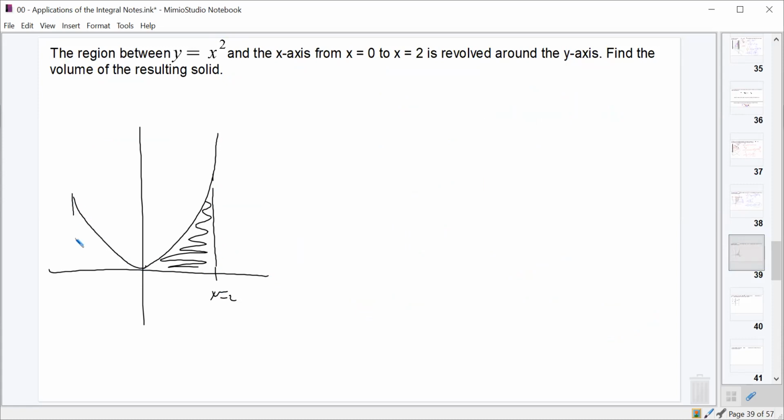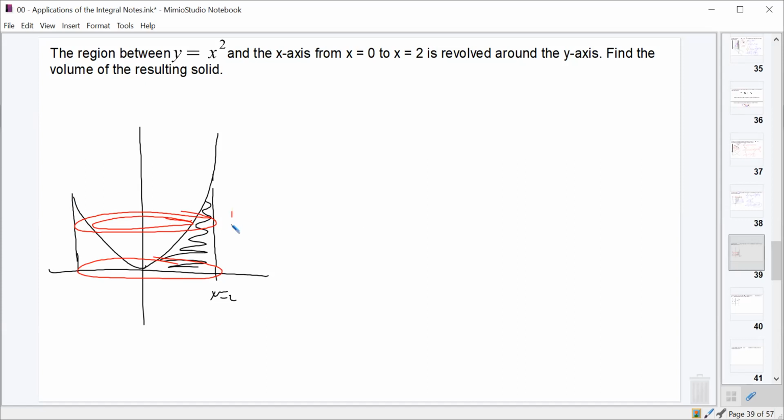As I revolve this around, we can see that in these places up here, I've got washer cross sections, because this region is not fully pushed up against the axis that we're revolving it around.